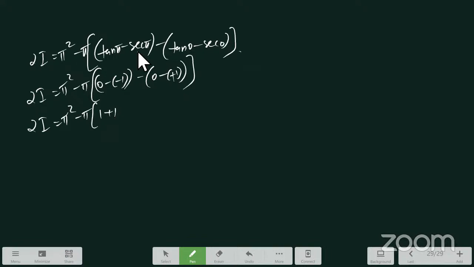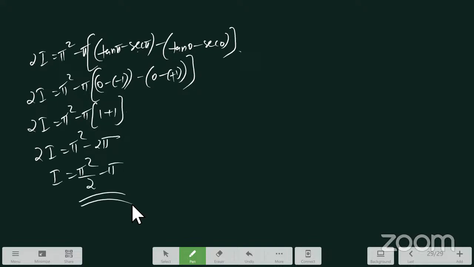Secant pi is minus 1, secant 0 is plus 1. Okay, so minus into minus is plus 1. That is 2I equal to pi square minus 2 pi, so I equal to pi square by 2 minus pi. Very, very important sums. Is it clear?